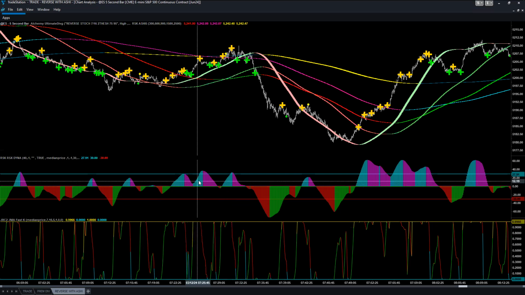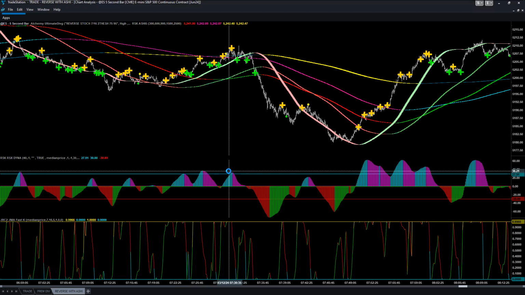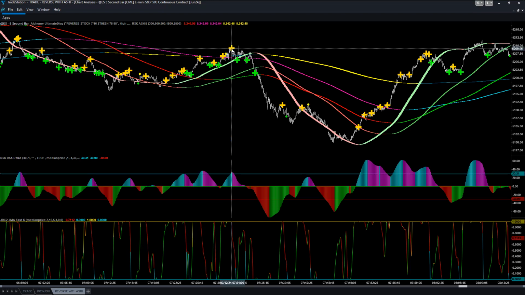Now, as you do a quick glance at the RSX, you've got a lower high at the higher high here. Sorry about this calculation issue going on. And you have the automated crosses showing up.